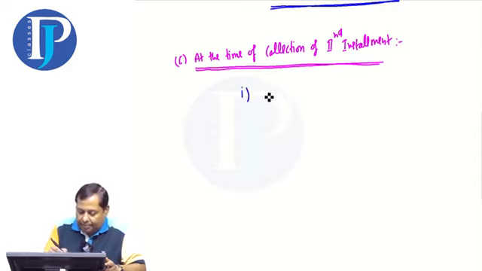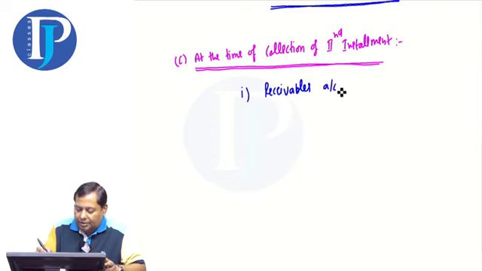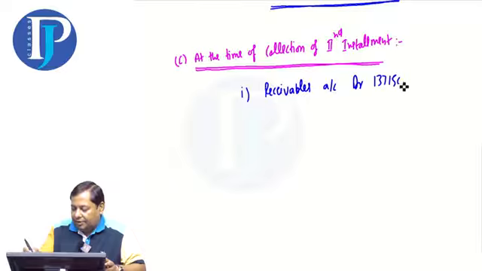In the first entry, receivables account debit 137,150.